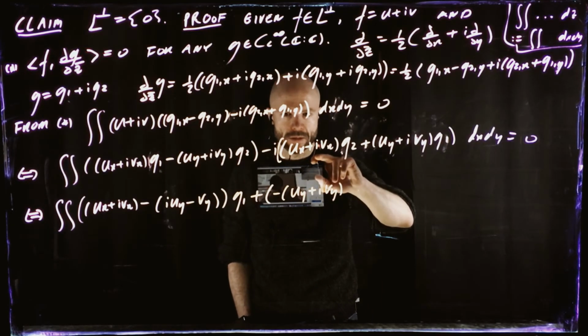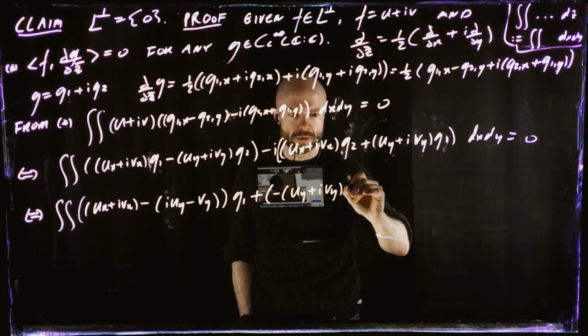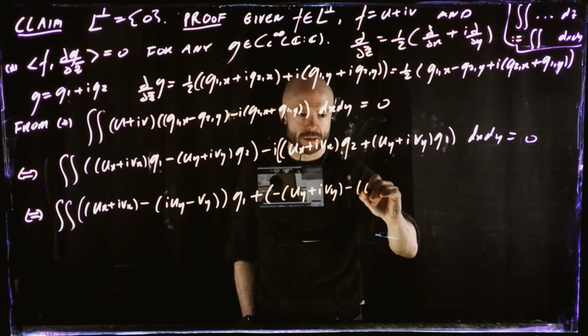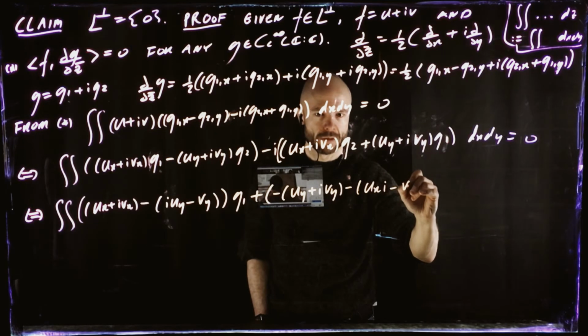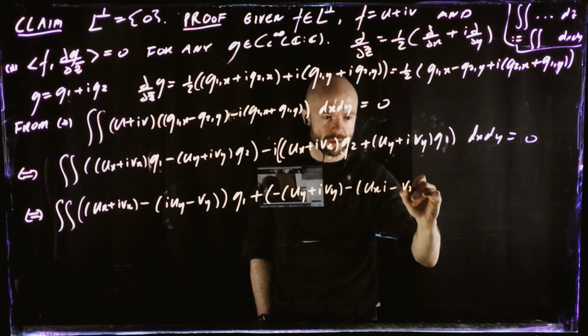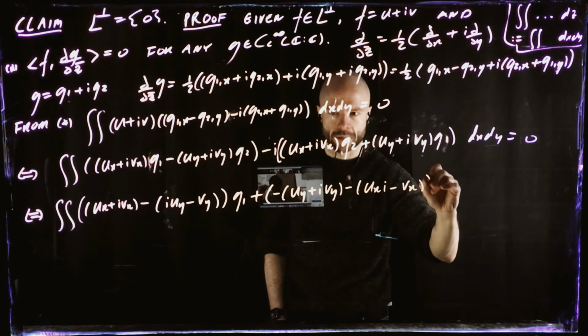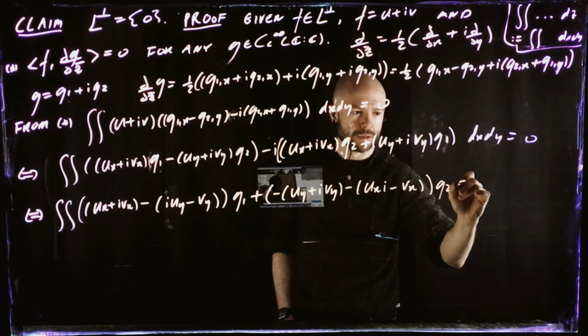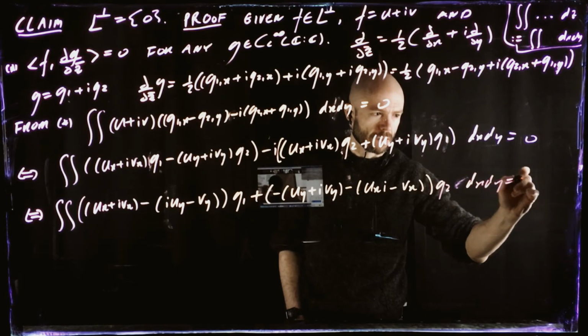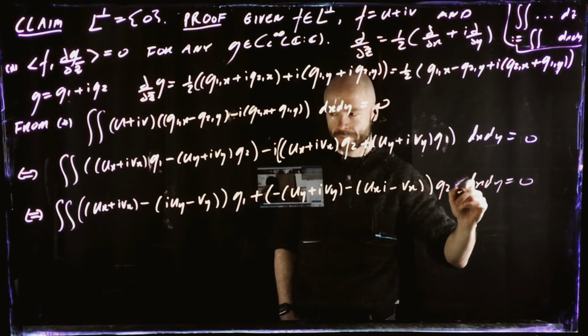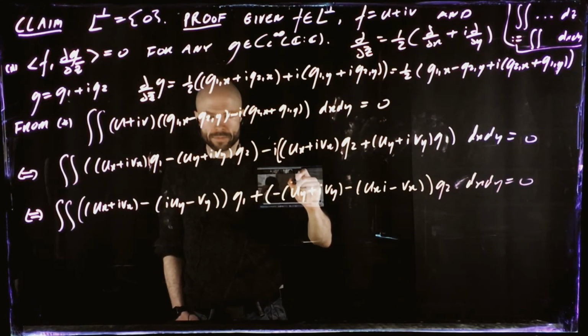Let's take the complex number through. So then minus u of x i minus v of x, g2. All of that stuff, dx dy, is equal to 0.